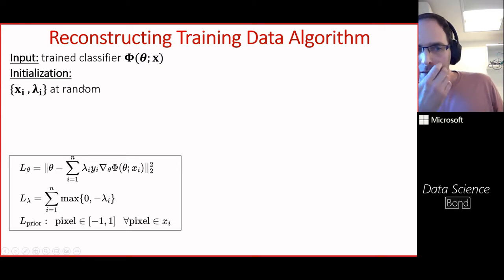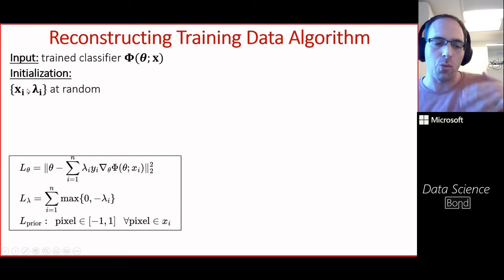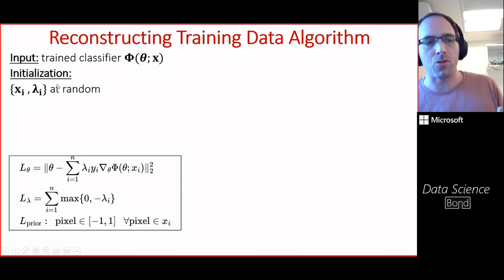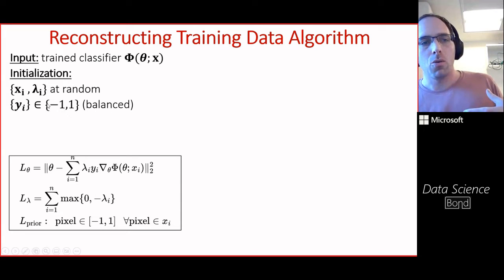The optimization variables are going to be xi, of course, the inputs, and this lambda i, which is going to be a scalar for each x. So we added another optimization variable, lambda i. We don't know them, so we just initialize them at random. We have the yi's, the labels, that are going to be either -1 or 1. We set them in a balanced manner.